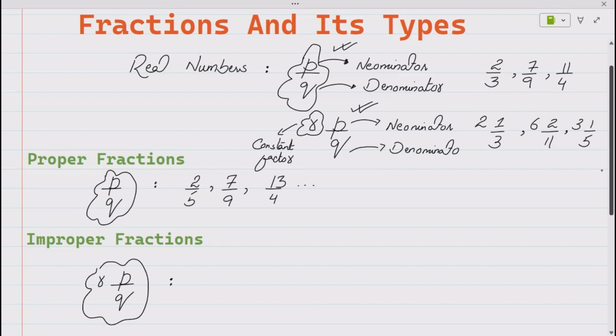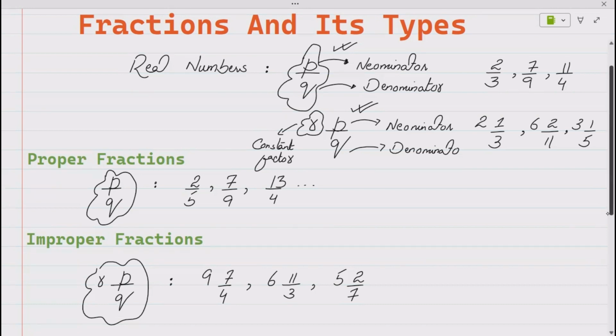Examples of improper fractions are 9 7 upon 4, 6 11 upon 3, 5 2 upon 7. So these are all examples of improper fractions. Now I hope you understand that proper fractions are those which can be written as P upon Q, and improper ones are those which can be written as R into P upon Q.